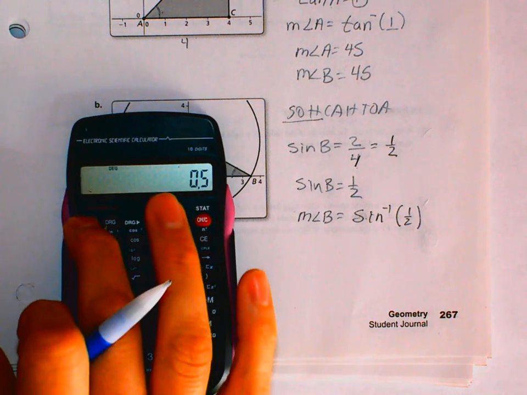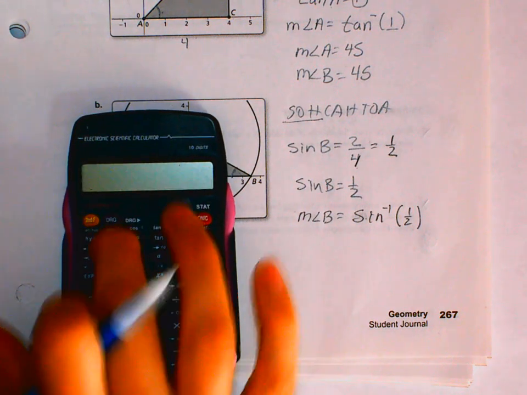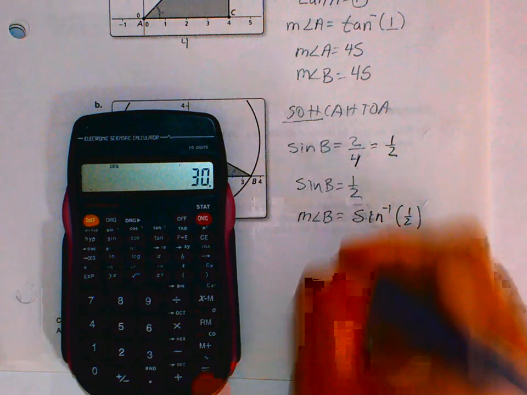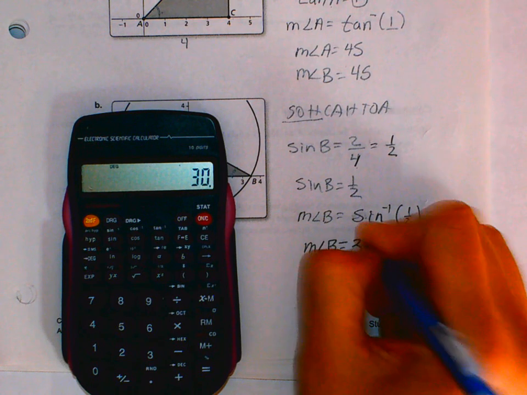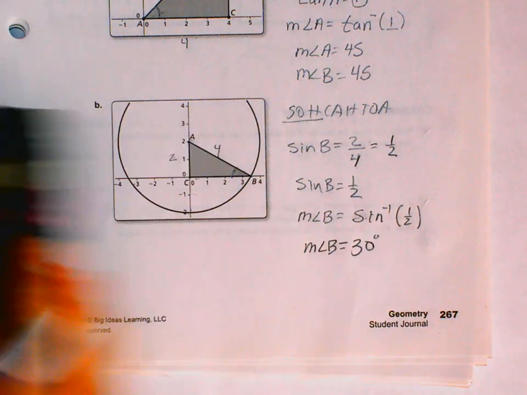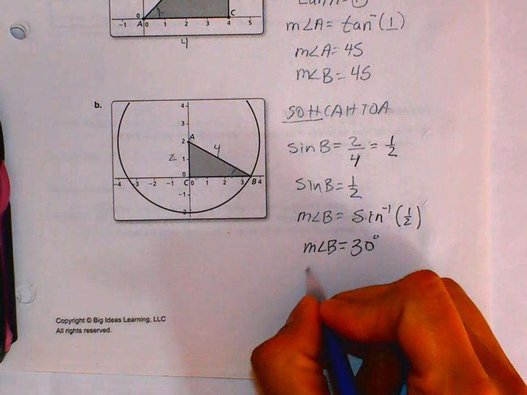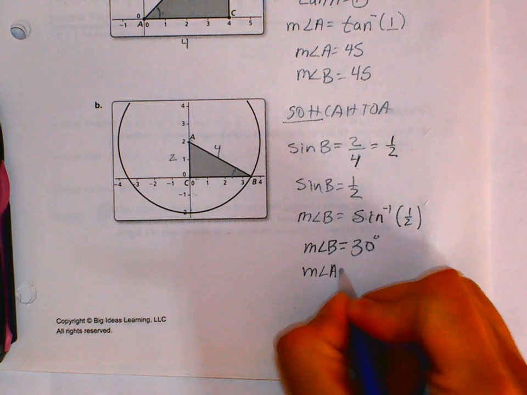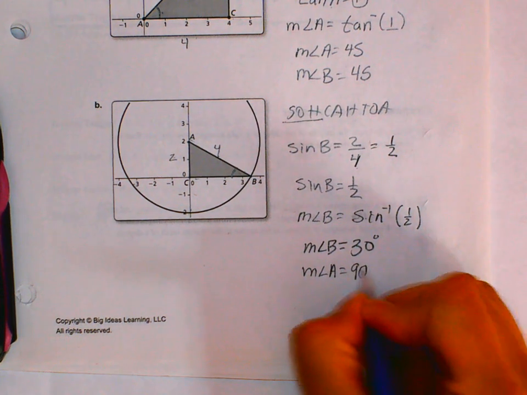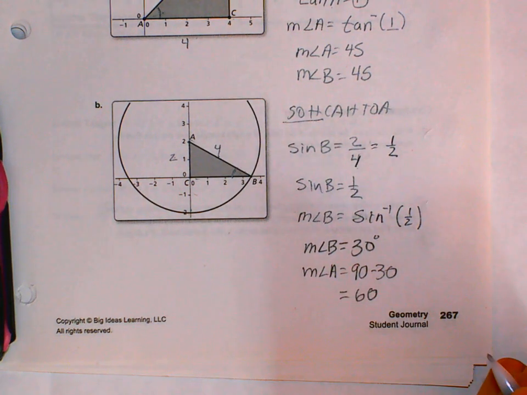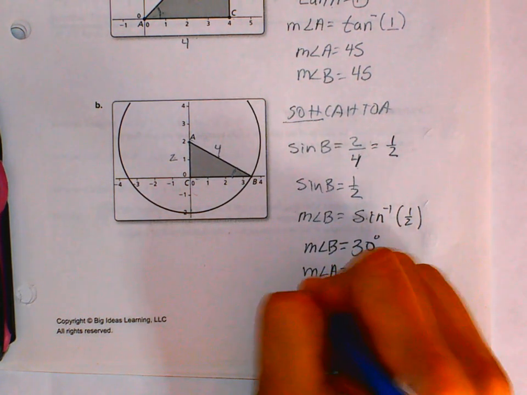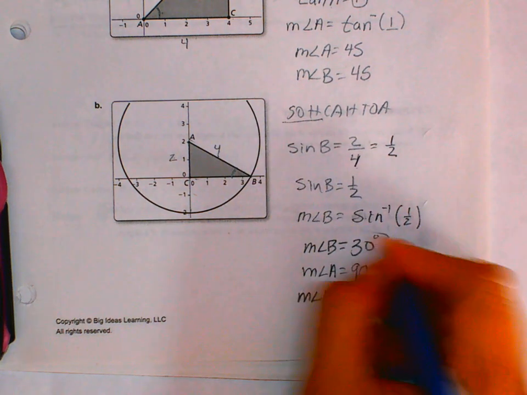Then you press second, inverse sine, and you get 30. So the measure of angle B is equal to 30 degrees. Now, if angle B is 30 degrees, for angle A all you have to do is subtract that from 90, which we already know is going to be 60 degrees. So the measure of angle A is 60 degrees.